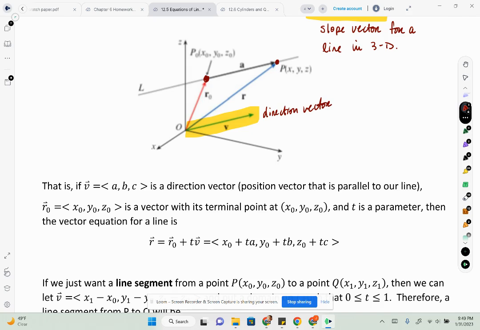So R naught is just a point, but it's a vector that points at X naught, Y naught, Z naught. And T is a parameter. And we're calling it a parameter because we're working from an XYZ space and getting all the XYZs in terms of one variable, T. So then we'd call T a parameter. If we have all those things, then here's the equation that you need to know.